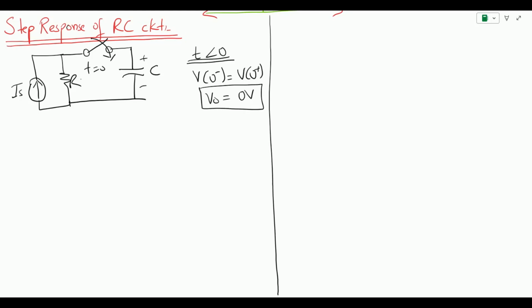Time less than 0 means that in this case the switch was open. Now when we reach time greater than 0, the switch gets closed, and our circuit will be something like this.